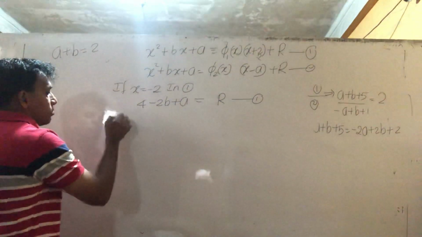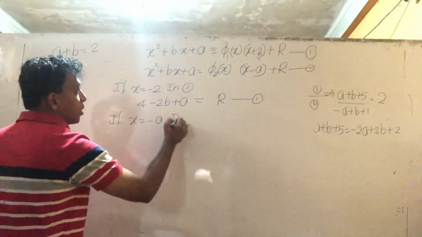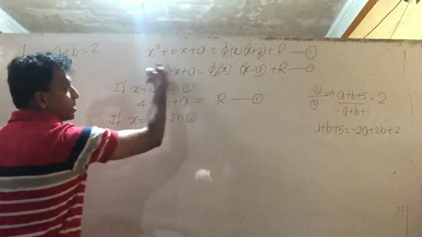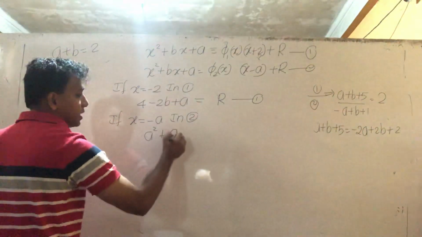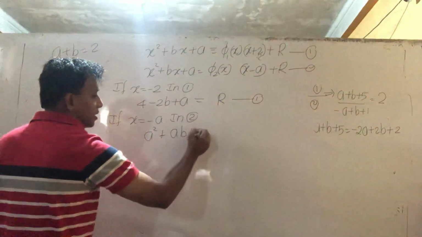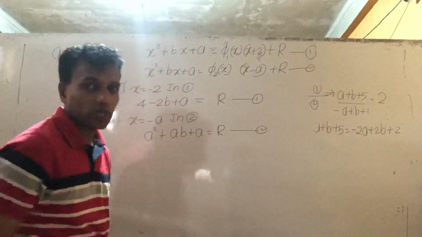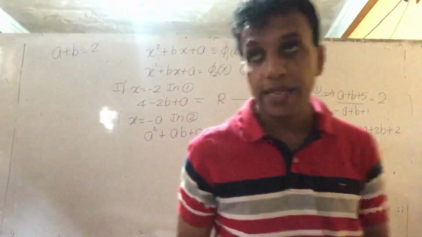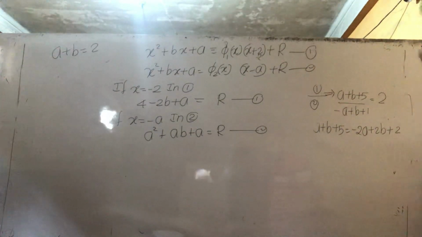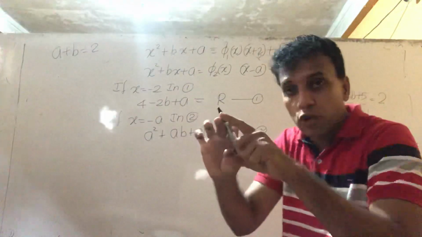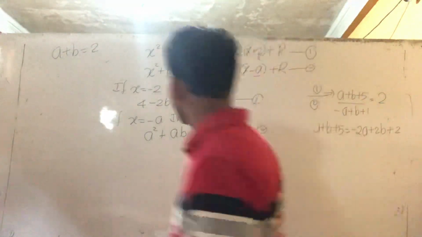If x equal minus a, here what? a square plus ab plus a equal to once again r, right? Second equation. Now what about both occasions? They said the same remainder, equal remainder. Therefore, equate both, you can get an equation. If you equate both, there's a polynomial equation.